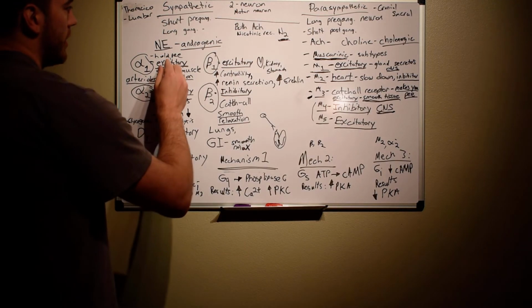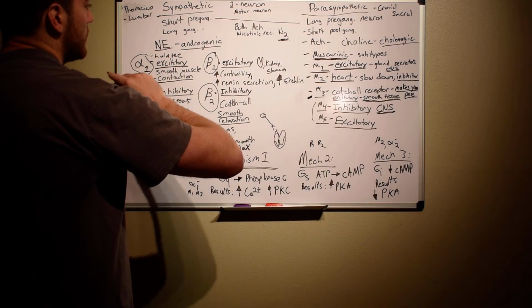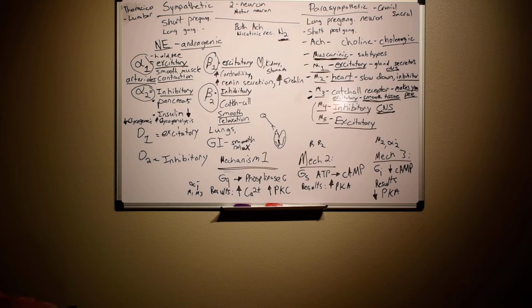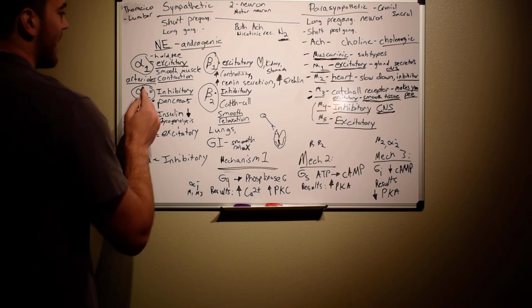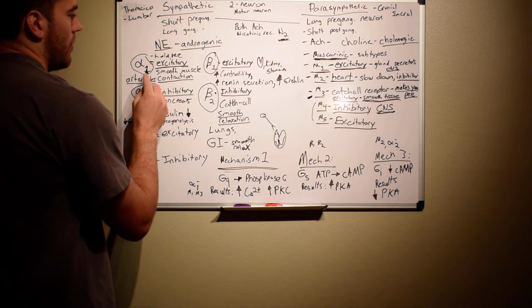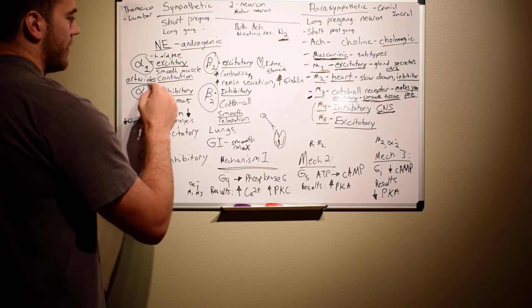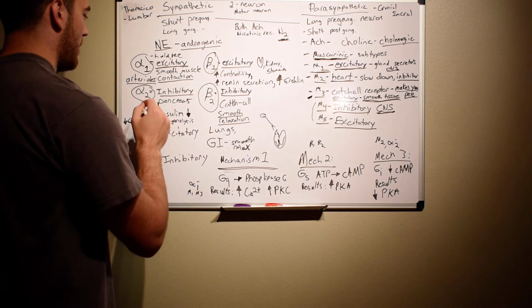So the primary one here is norepinephrine. So what do we got here? We've got all these different type of fancy, dorky things that are hard to remember, right? So the first one is your alpha-1 receptor. These are just Greek letters, alpha, alpha, beta, beta, okay?